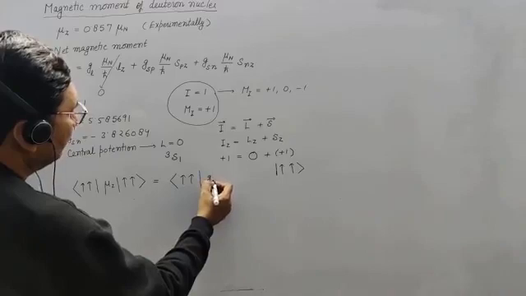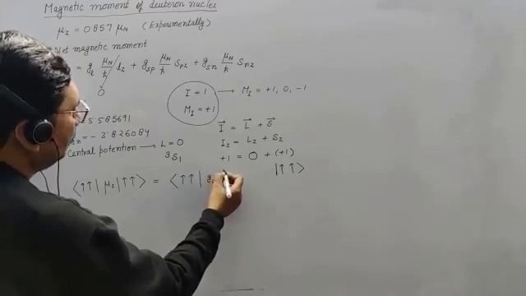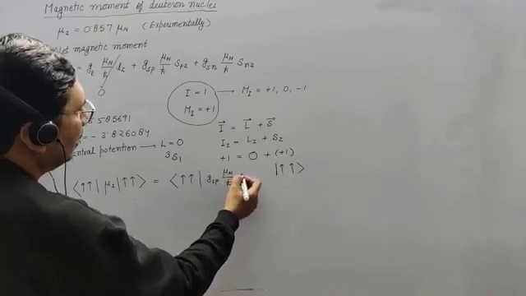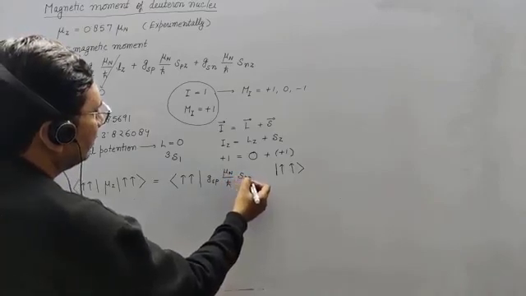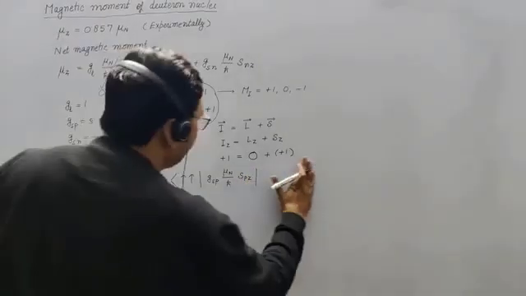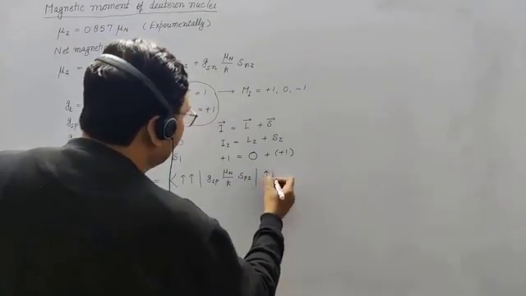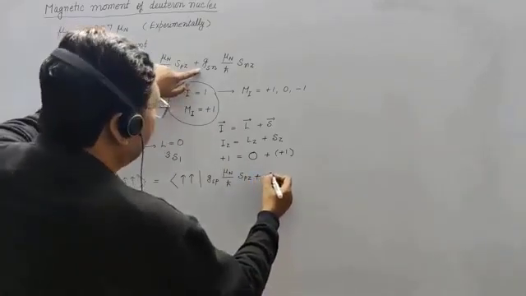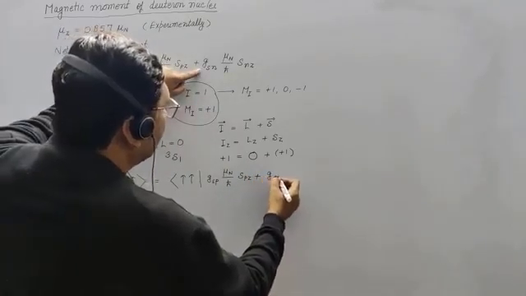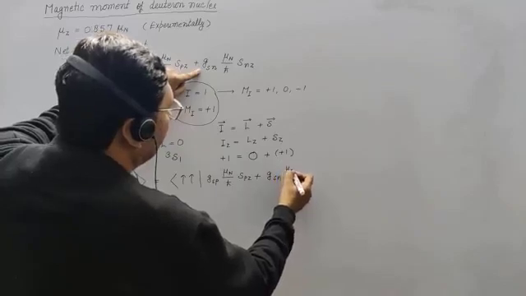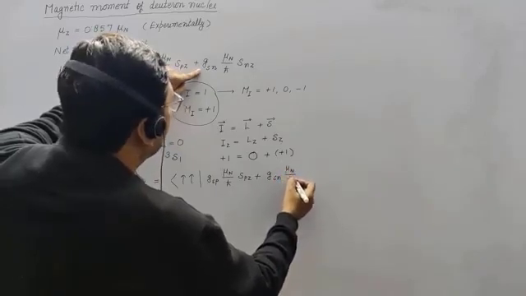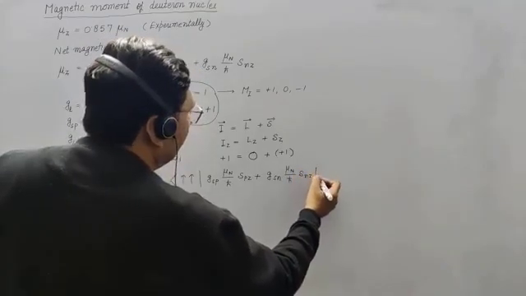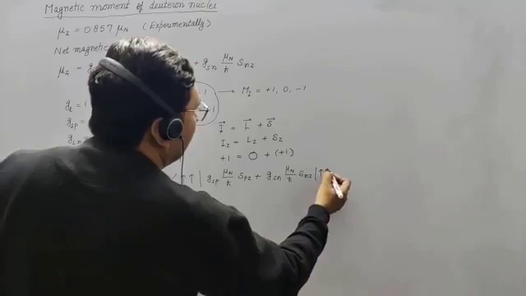This will be GSP mu n upon h cross SPZ, plus the second term. This will be GSN mu n upon h cross SNZ.